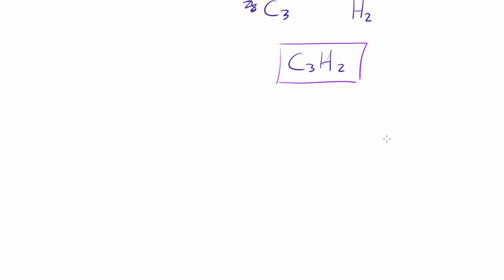The other thing we're going to look at is, well, this is less about empirical formula, it's more of just a topic of interest if you want to look into it.